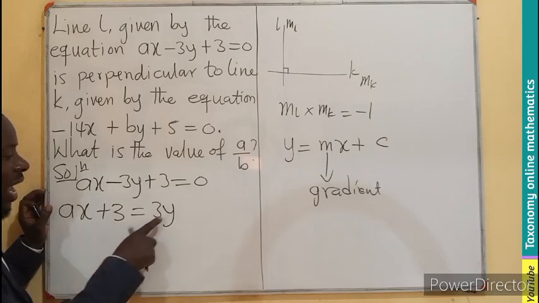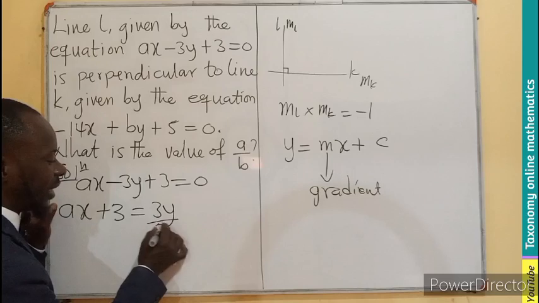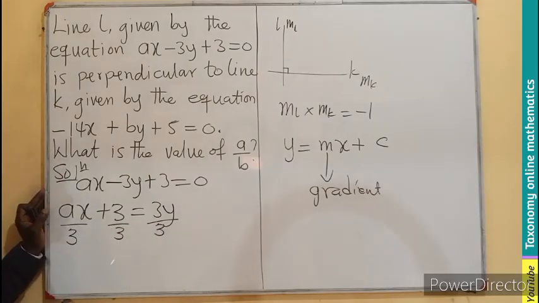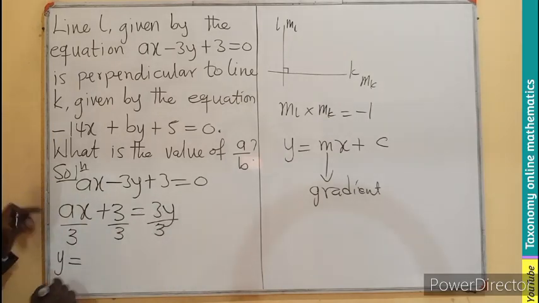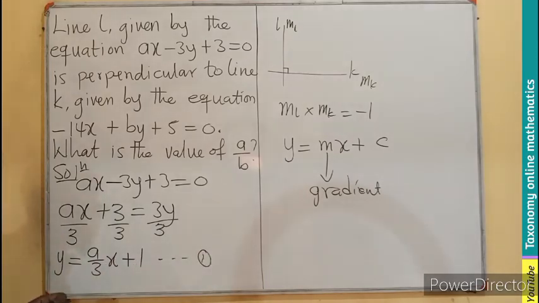I am looking for the value of y, not 3y, so let's divide each term by 3, making y equal to a over 3 x plus 1 as the first equation.